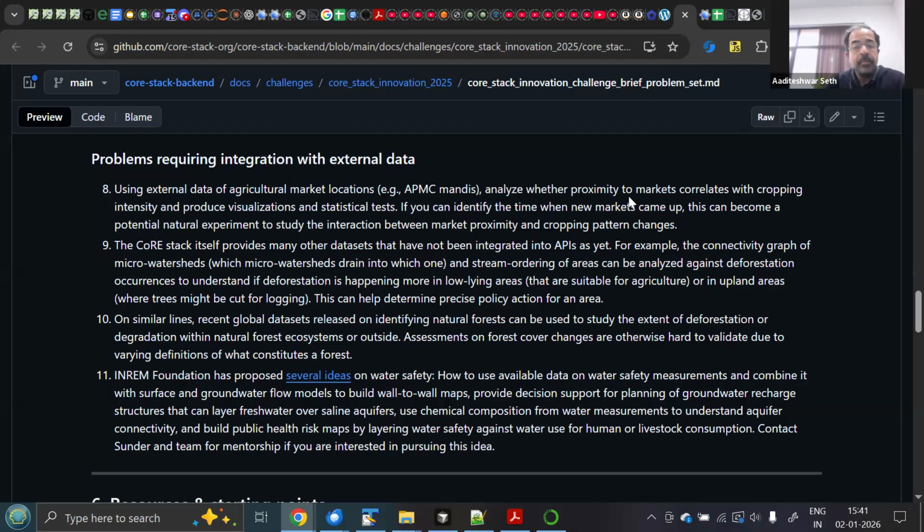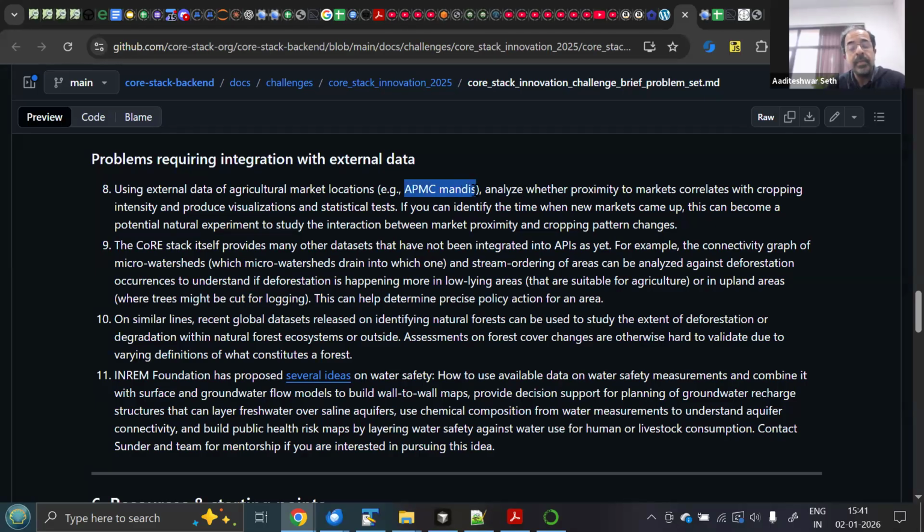Meaning to say that you can expect that areas closer to mandis will typically see a positive feedback loop set in: farmers will be able to sell in the mandi more easily, get more money, and use the money to do more cropping, to buy bore wells, or move to cash crops and so on. That is called commercialization of agriculture. So you're likely to see that areas closer to mandis are more commercialized, but you can actually check that in the data.